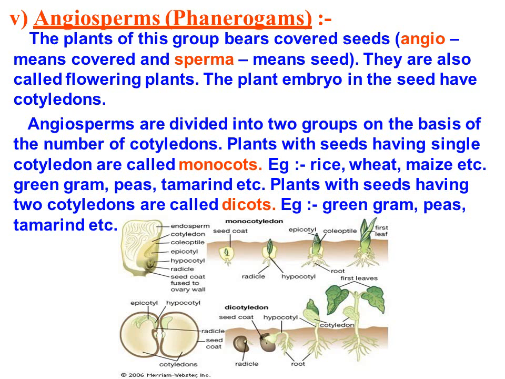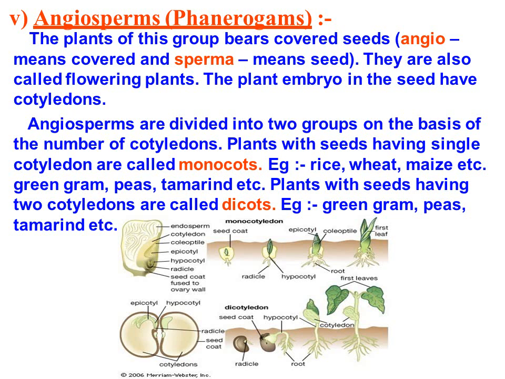What do you mean by dicot seeds? So plants with seeds having two cotyledons are called dicots. That means they have two cots. That's why they are called dicots. So this terminology, monocot and dicot, just forget cots. Just say mono and di.